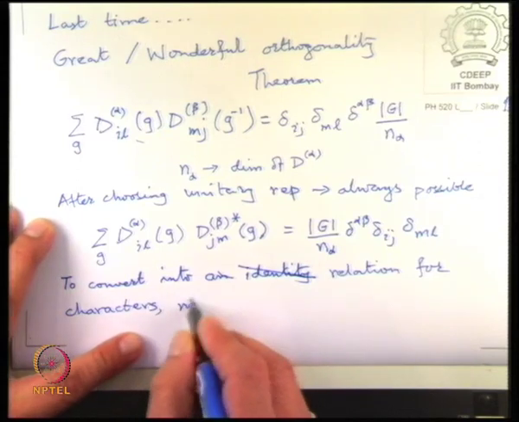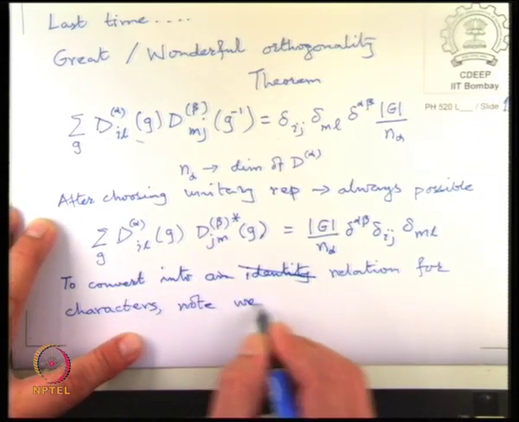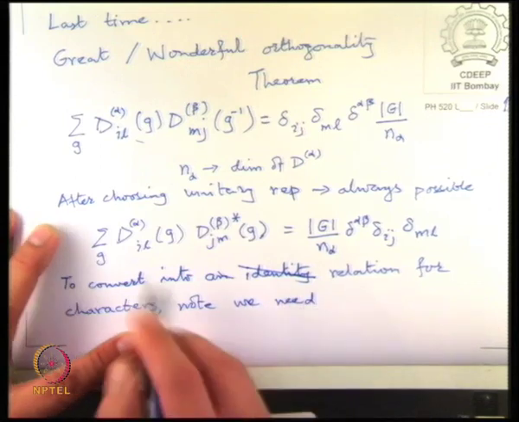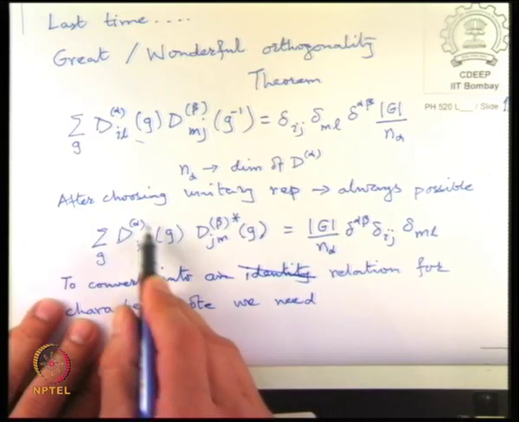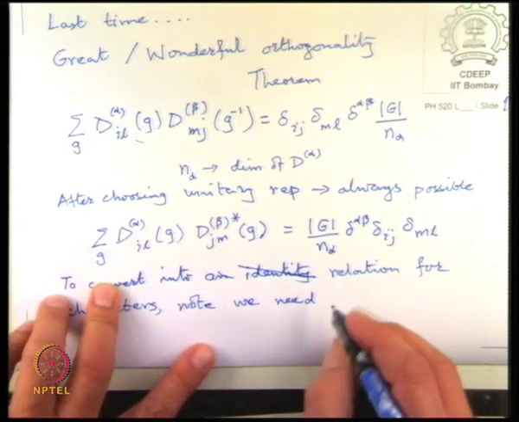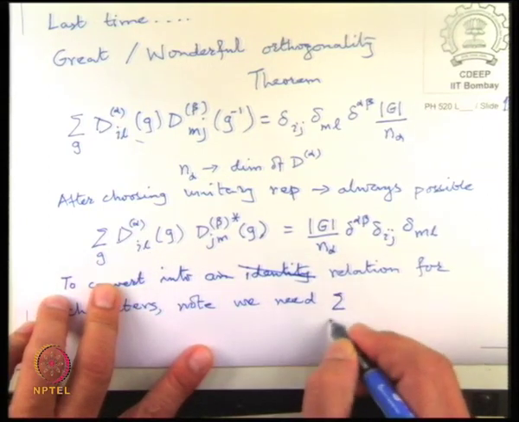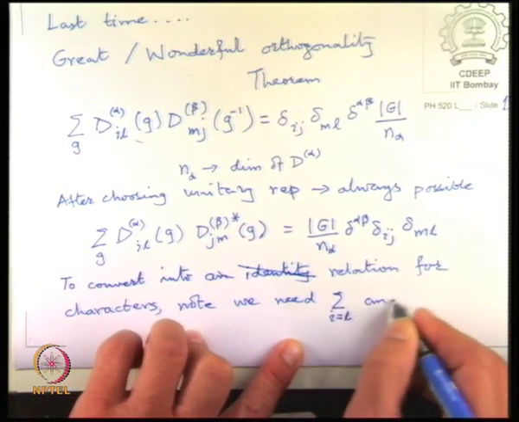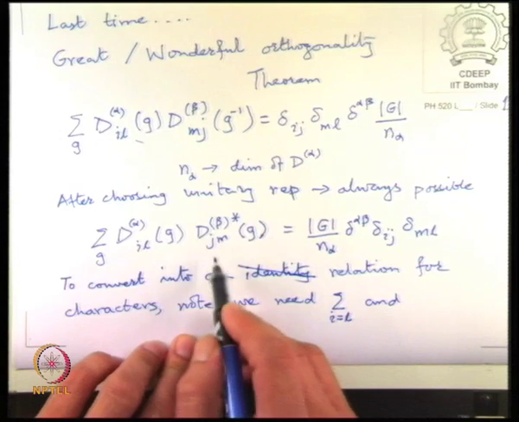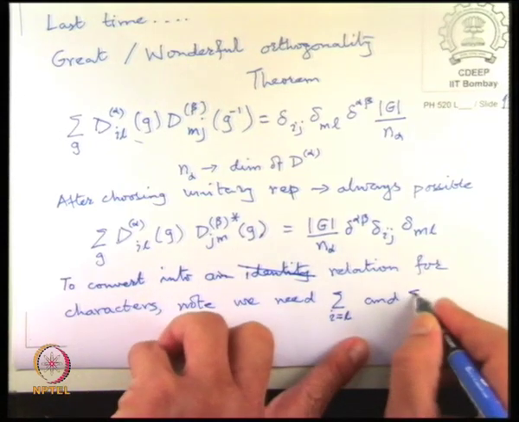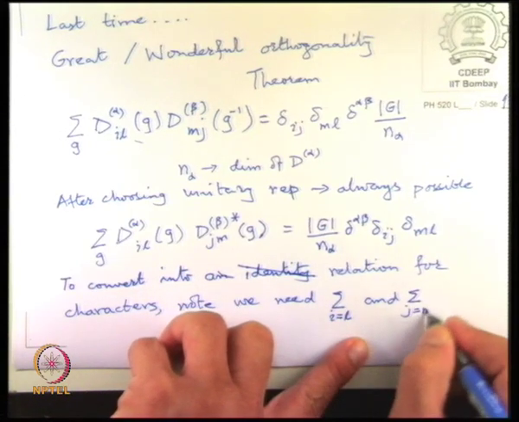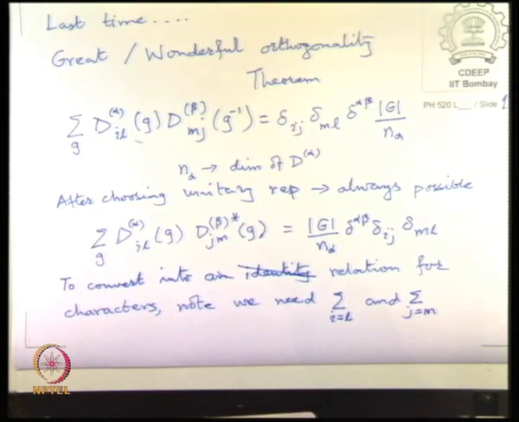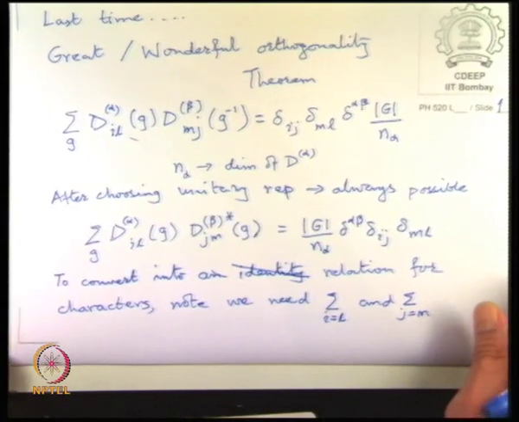Note that we need to trace this. So we need to sum over I equal to L and separately sum over j equal to m. That is what tracing would require. That will produce traces on the left hand side if we do this summation.